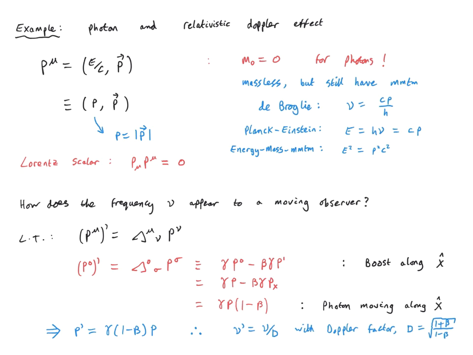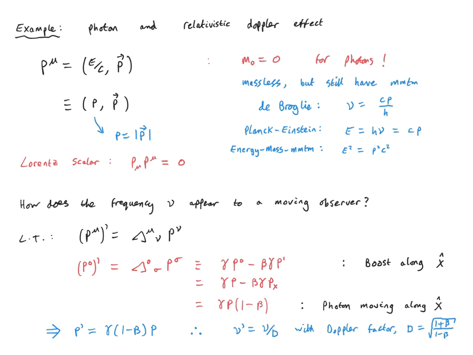If I have some light shining along the x-axis, and I am an observer also moving along the x-axis, then the frequency of the light appears to change by a specific factor arising from special relativity, which is this factor here. It's the relativistic Doppler factor. Analysis of this equation tells you that if you are moving towards the light, if the light is oncoming, this corresponds to negative beta.